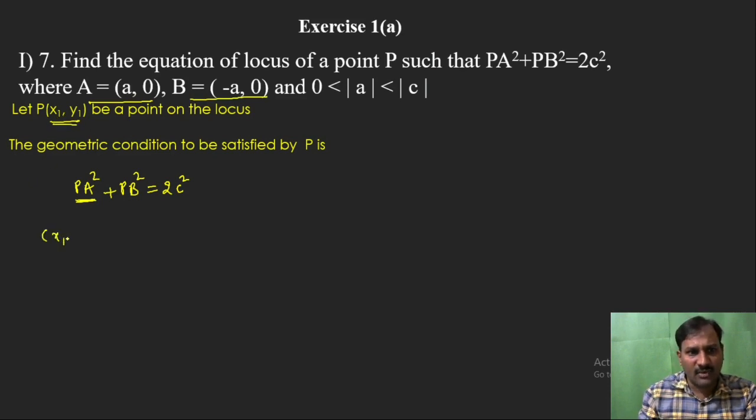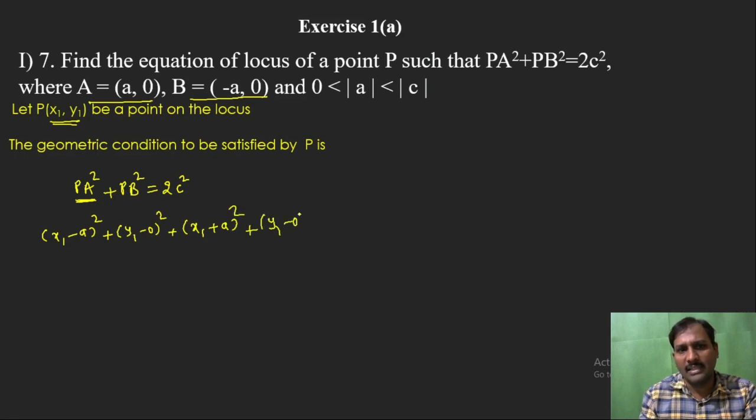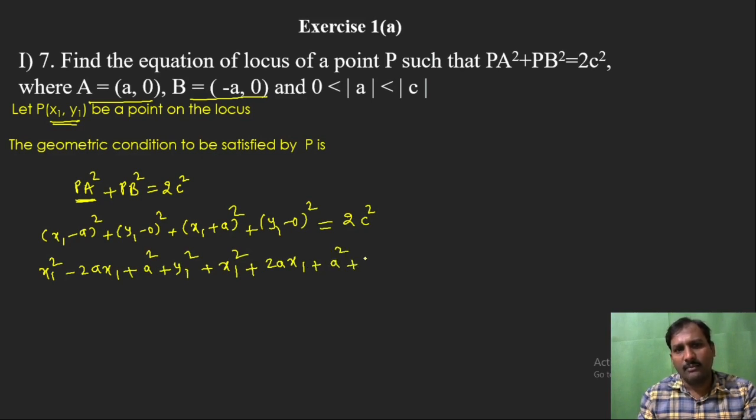That is (x1 minus a) whole square plus (y1 minus 0) whole square, plus PB, which is (x1 plus a) whole square plus (y1 minus 0) whole square, is equal to 2c square, where c is some constant. Now simplify this. x1 square minus 2a x1 plus a square plus y1 square plus x1 square plus 2a x1 plus a square plus y1 square is equal to 2c square.